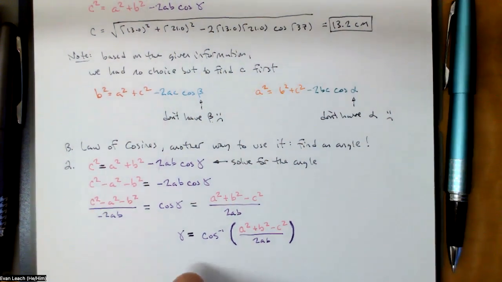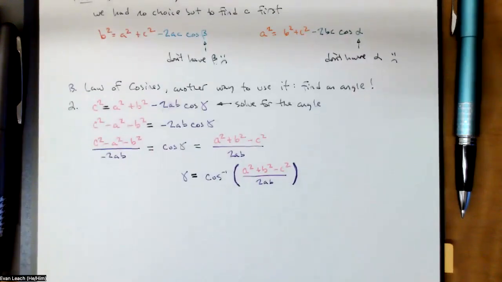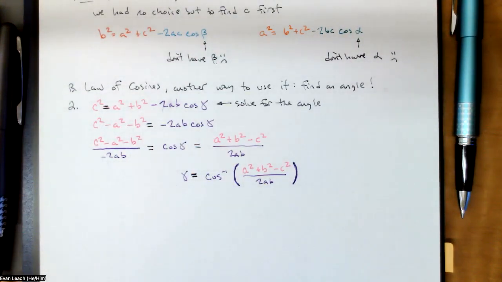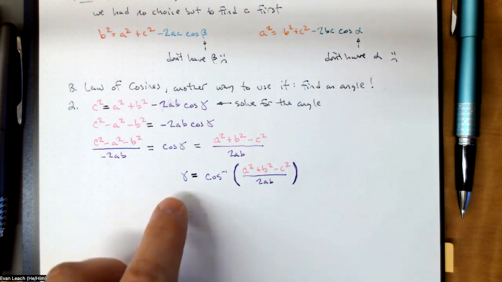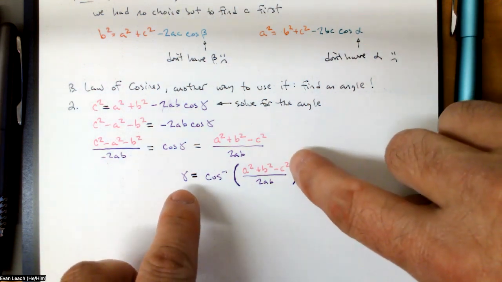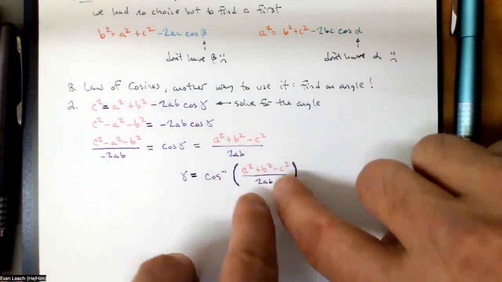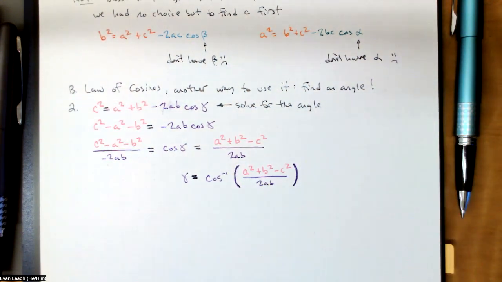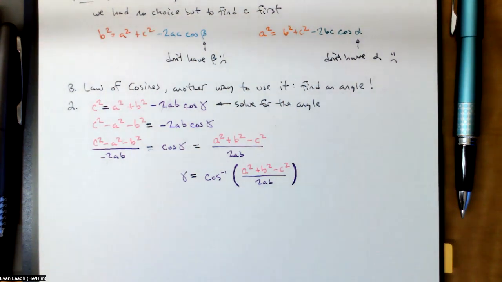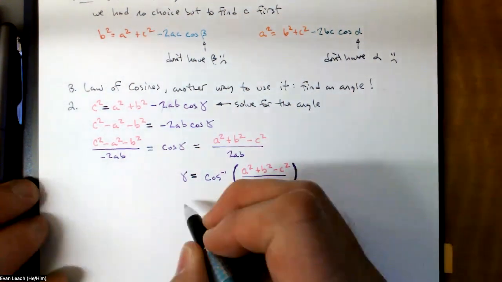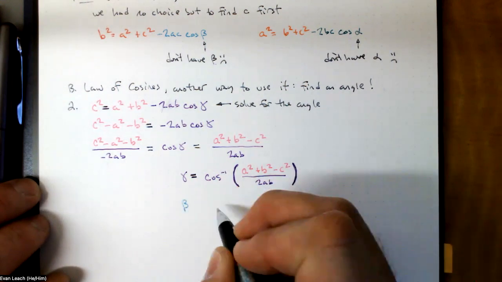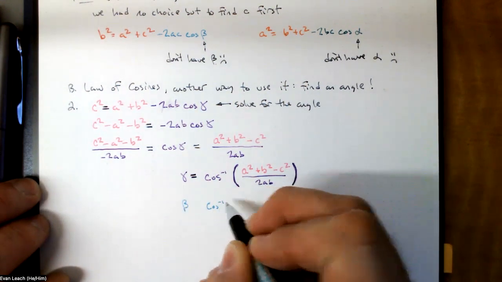There are two other versions of the gamma, and we could just do permutations like we did with the B squared and the C squared. Notice that the gamma and the C, that's an opposite pair. And the A squared plus B squared and the 2AB, that's the stuff that matches. So if I wanted to do a beta version of this, we'd have a cosine inverse.